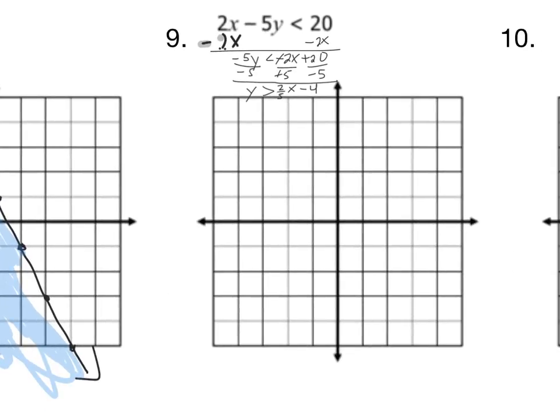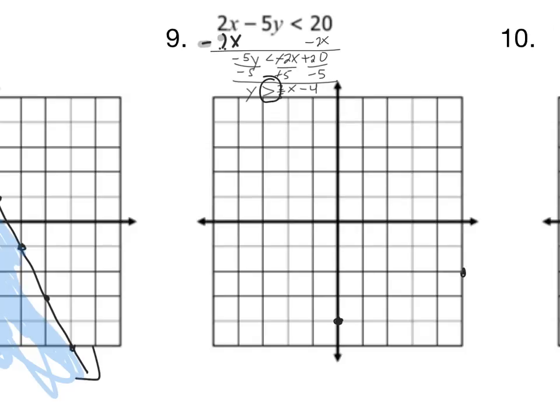So first we would graph the y-intercept, which is -4, which is right here. And then we would go up 2 and to the right 5, which is going to be right here. And we draw our line. Oops, I messed up. I'm sorry. So we would not draw our line. We would look at our inequality symbol here, and it is a greater than symbol, not a greater than or equal to symbol, so that should not have been a solid line.